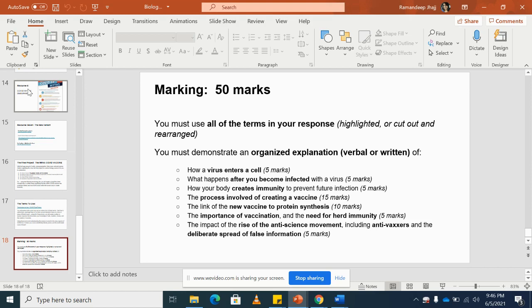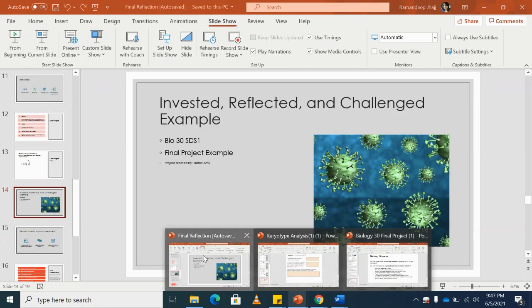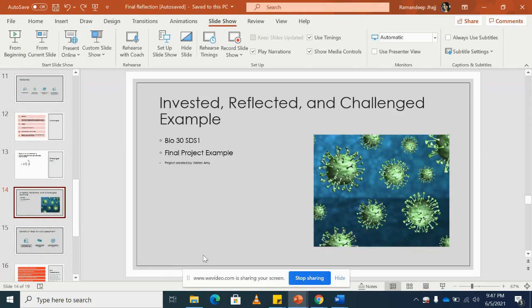They will be able to apply all the information that they learned in the course to their real life. In this way, students will be invested, they will be reflected, and they will be challenged as well.